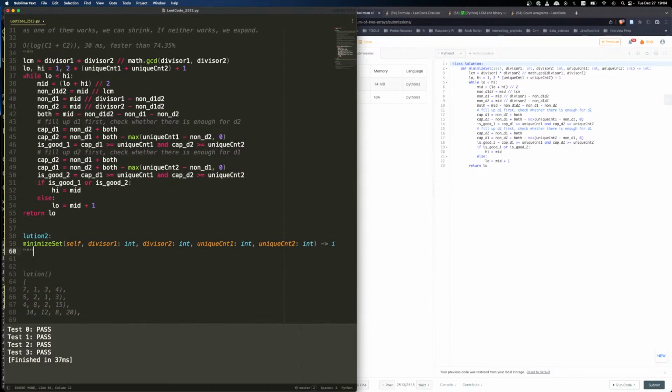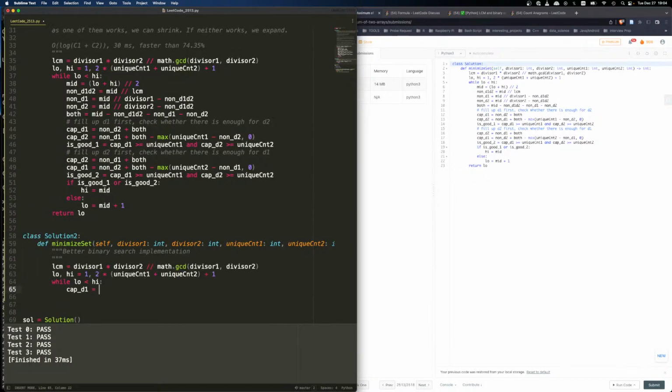Alright, the first one is a better binary search. Oh, it's back up. Alright, so the total capacity for D1 is going to be... Oh, wait, hold on. I have to calculate mid first.